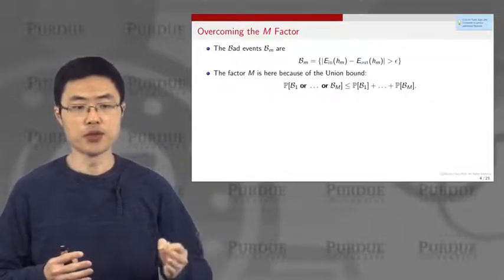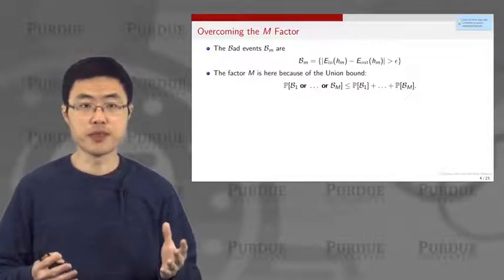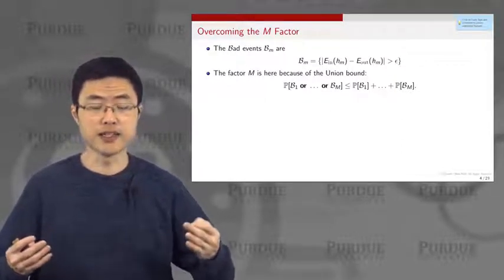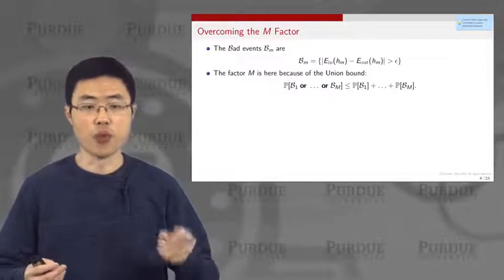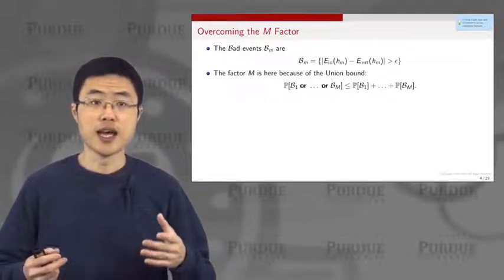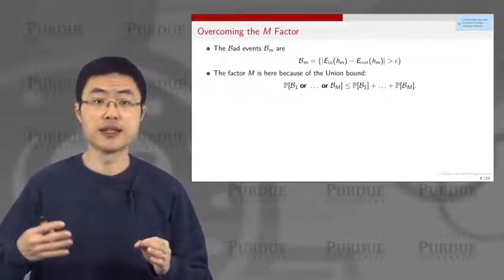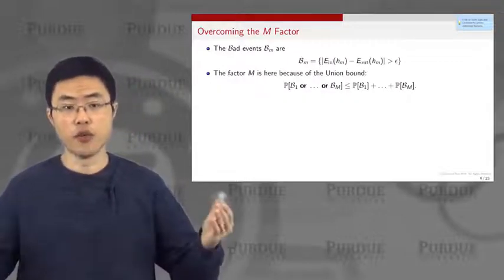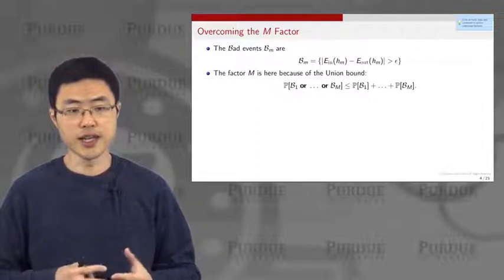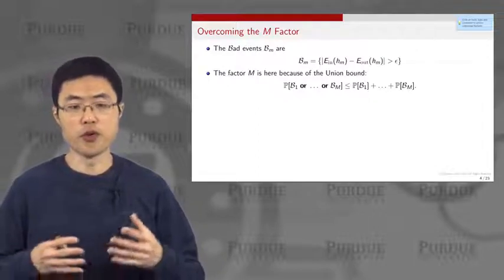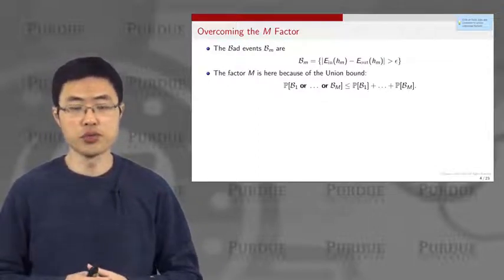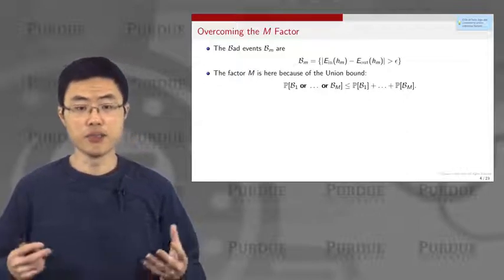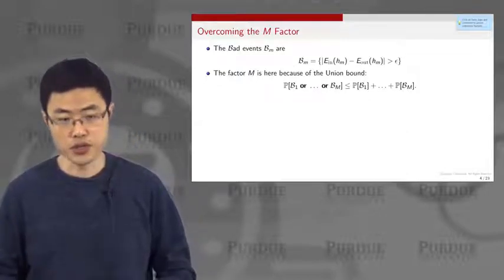Now, if you want to compute the probability of getting a bad event, where a bad event is defined as one of the hypotheses having a training error bigger than the testing error, then you are actually considering a sequence of OR events. In this case, you take the probability of all these ORs, and according to the union bound, you can bound it using a sequence of summations.